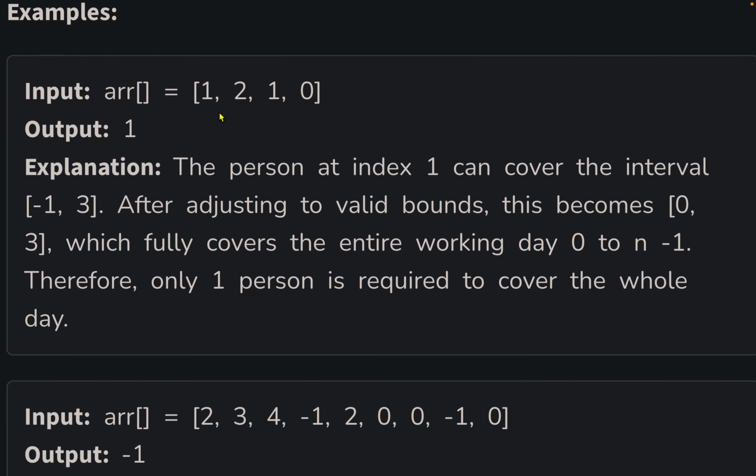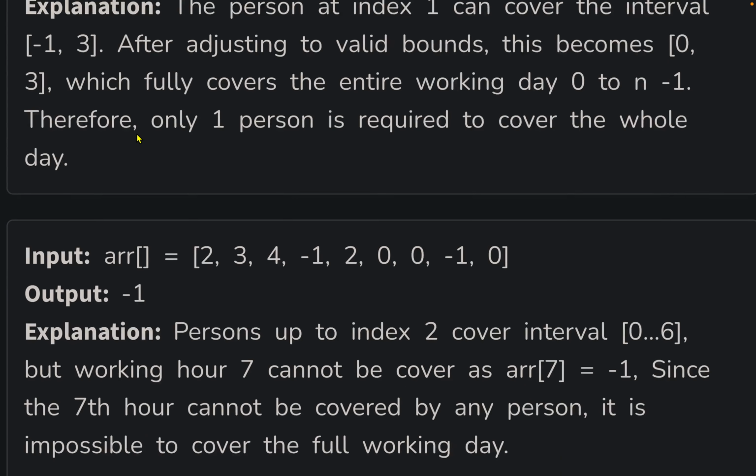So we are provided with an array like this, and the output is 1 because when you choose 2, which is at index 1, we can cover one position previous to it and 2 positions beyond it. That means 1 is covered, 0 is covered along with this. So all of this beyond and all of this previous is covered. So the entire array is covered by only one worker, which was 2. So that's the reason for only 1.